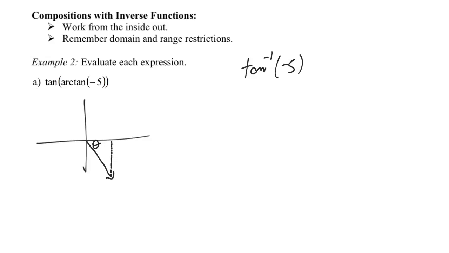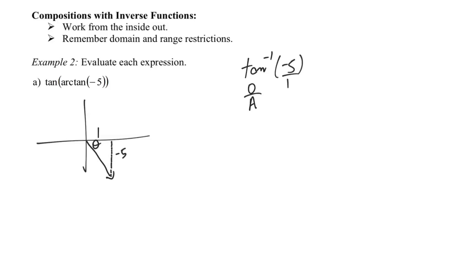Well, what do I know about tangent? I know that it's opposite over adjacent, and really you could think of -5 as being -5 over 1. And so if I put all of this down onto my triangle, the opposite side is going to have to be -5, and so that would be here when you're talking in relation to the angle. Here's the angle, and here is the opposite side, and then the adjacent side is going to be 1.